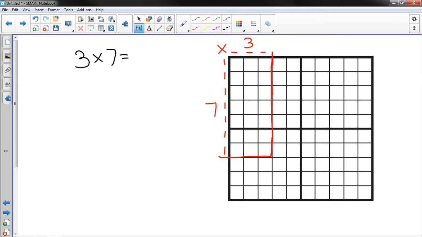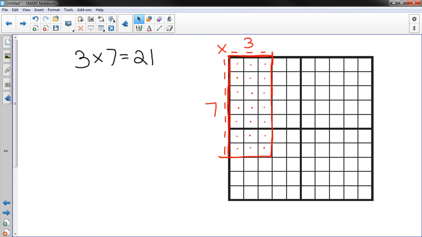And I get a nice rectangle on that grid. I'm going to count inside. 1, 2, 3, 4, 5, 6, 7, 8, 9, 10, 11, 12, 13, 14, 15, 16, 17, 18, 19, 20, 21. So the answer to this is 21.